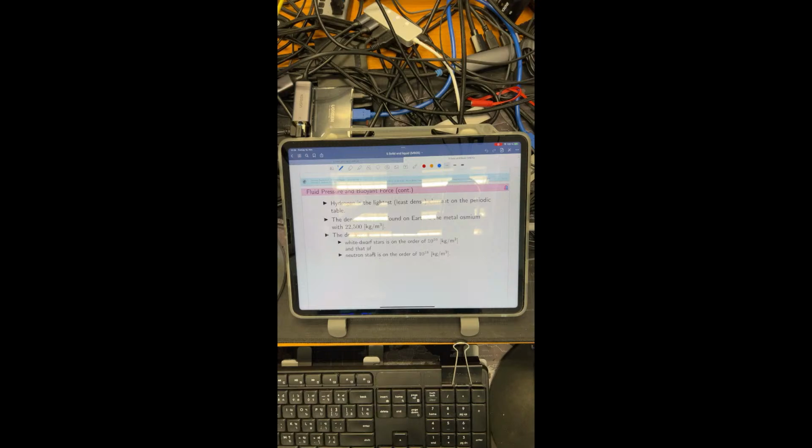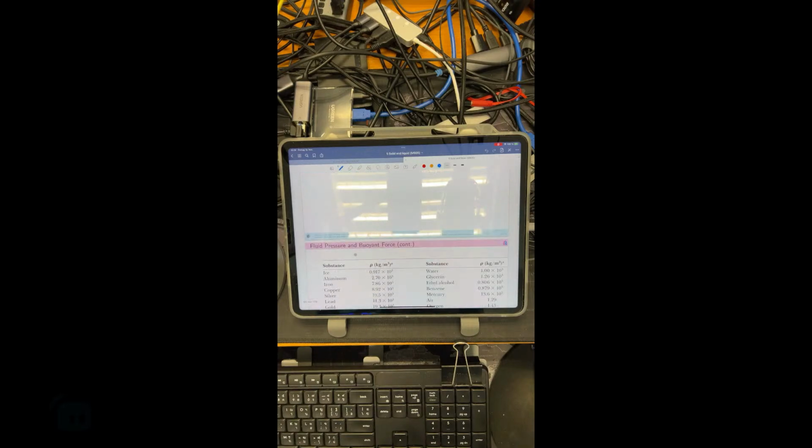I don't know why the density of a neutron star is on the order of 10 raised to 18. It's even greater than this one. It's very, very dense. I don't know in which situation that star is going to be full of only neutrons.